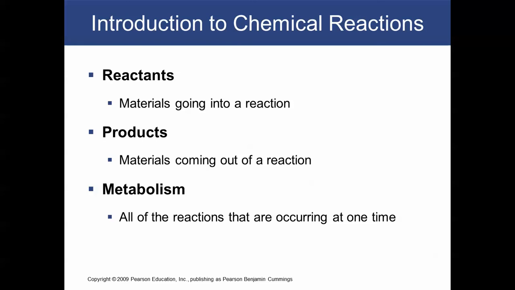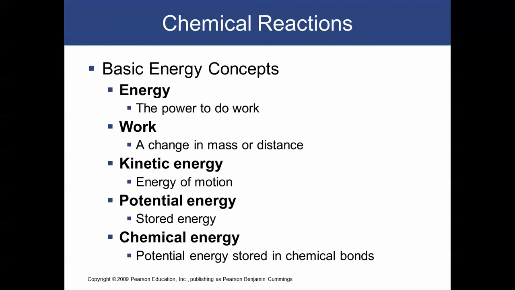In your body, you're always having lots of chemical reactions happening all the time. The total sum of all your chemical reactions is your metabolism. Sometimes you're making things, for example, a protein, or sometimes you're breaking things down, maybe a carbohydrate to get energy. Really interesting if you ever took physics. Pretty fascinating.